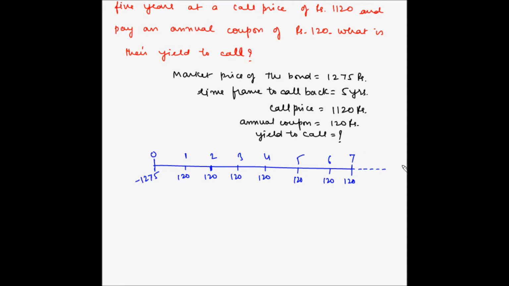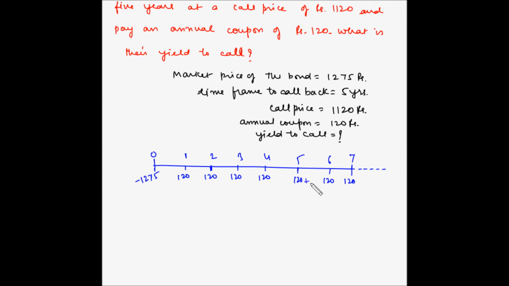Now, irrespective of the maturity time frame, the bond is going to be called back at the end of the 5th year. So at this time frame. Now at the time of call back, the investor will be paid an amount of 1,120 rupees per bond.